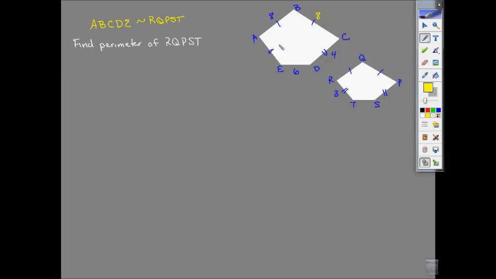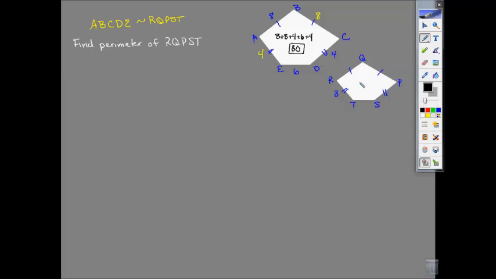And this one's 4, that makes this one also 4. So the perimeter of this one would be 8 plus 8 plus 4 plus 6 plus 4. So 16 and 10, 26 and 4 would be 30. That would be the perimeter of the large one. That doesn't tell me anything about the perimeter of the small one.